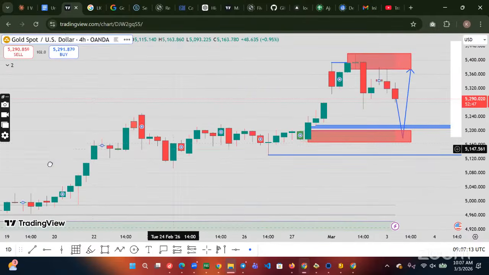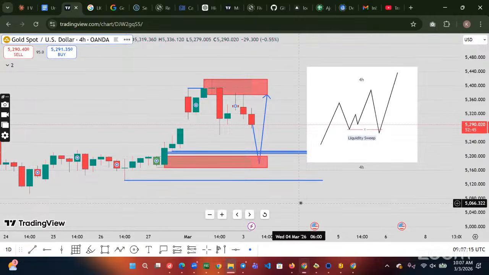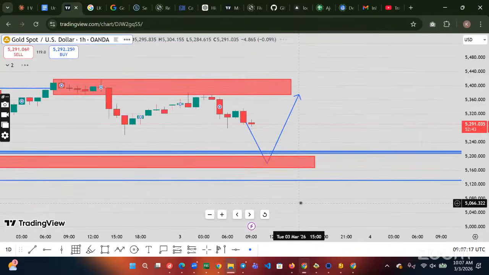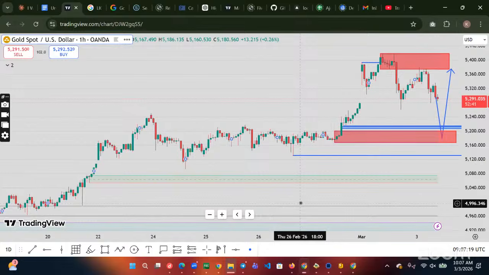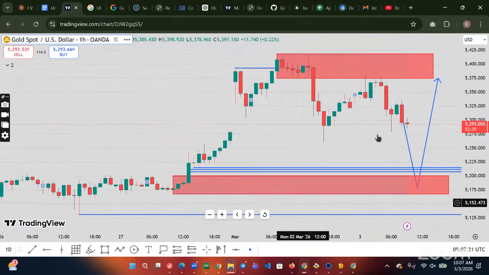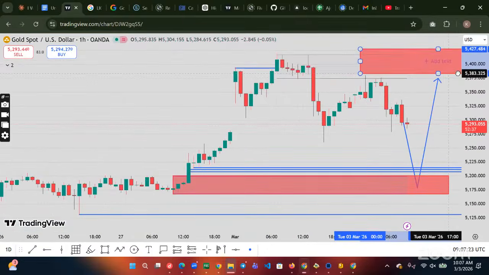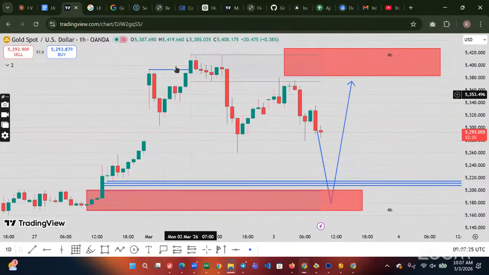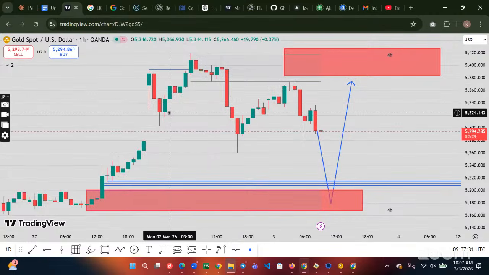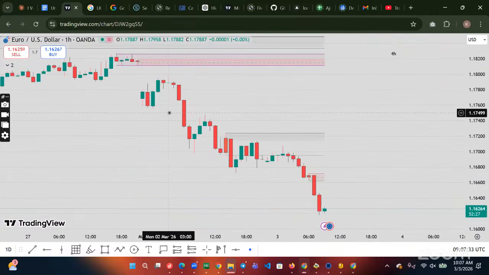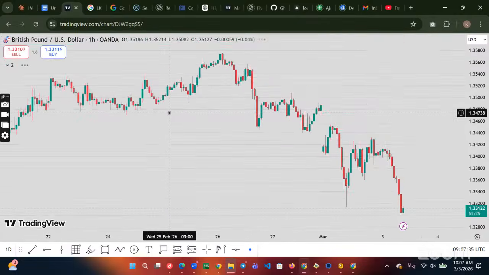Now, if I go to 1 hour on gold, if I take this away, we only had a structural sweep. We didn't have a body sweep. So let me show you an example of the type of engulfing I'm referring to.